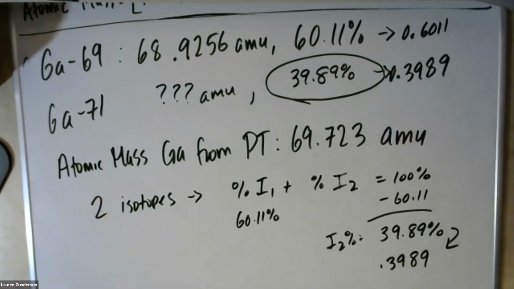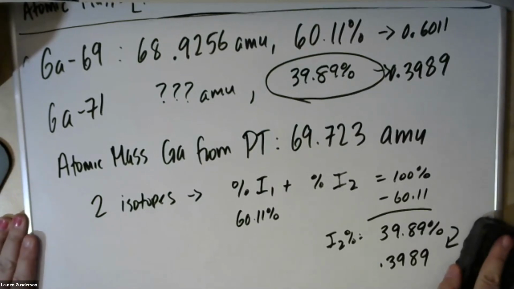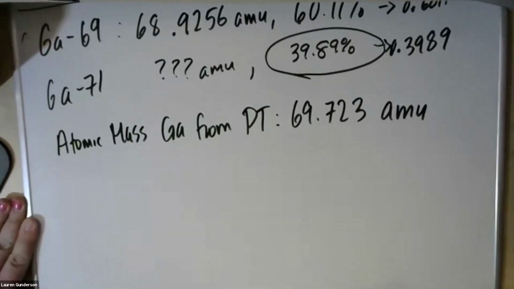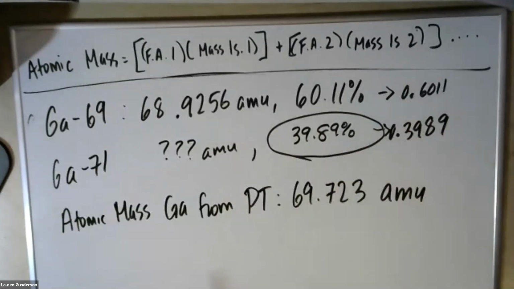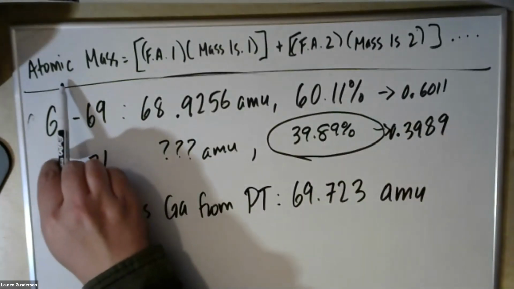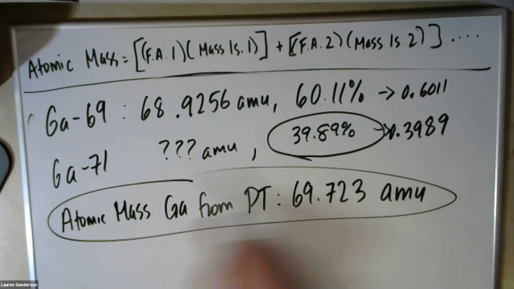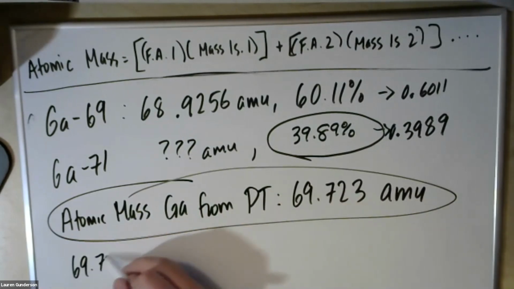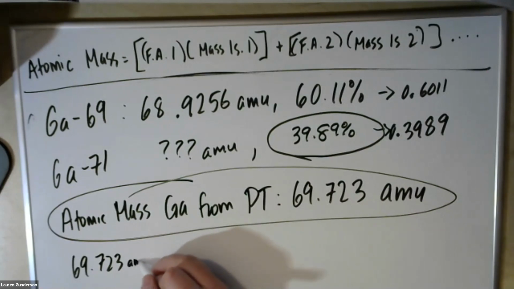Now I have enough information to solve this, because I'm just going to plug all this information into the formula that I wrote out up here. My atomic mass, that's the mass that I pull from my periodic table, is going to be 69.723 AMU.